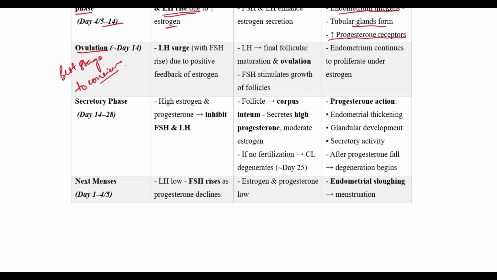Now what happens here is that in the ovaries we have the follicular maturation which is happening and ovulation starts, because of which there is a lot of FSH secreted, estrogen levels increase drastically, and the LH, the luteinizing hormone, and FSH will increase because of the positive feedback mechanism. It's a loop. The endometrium will continue to proliferate under the estrogen. That means the tubal glands will develop, and the arteries that are developing will become tortuous.